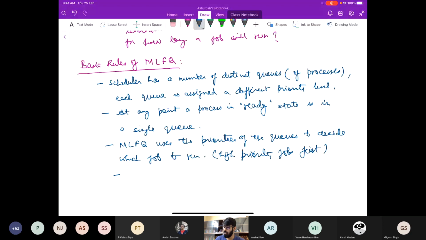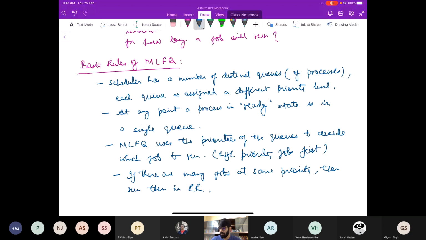And finally, if there are many jobs in the same queue, at the same priority, then run them in round robin. Okay, so this is what it does, in a nutshell. It maintains different queues of priorities, and we'll see examples also in a short while, and then it runs the highest priority things first.